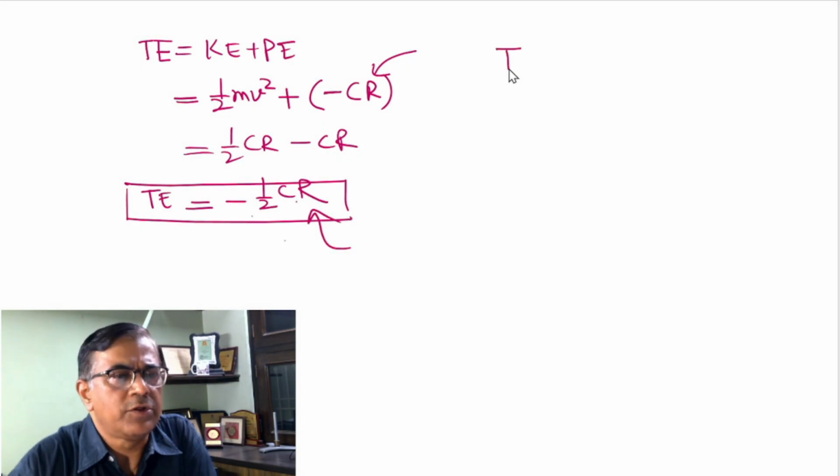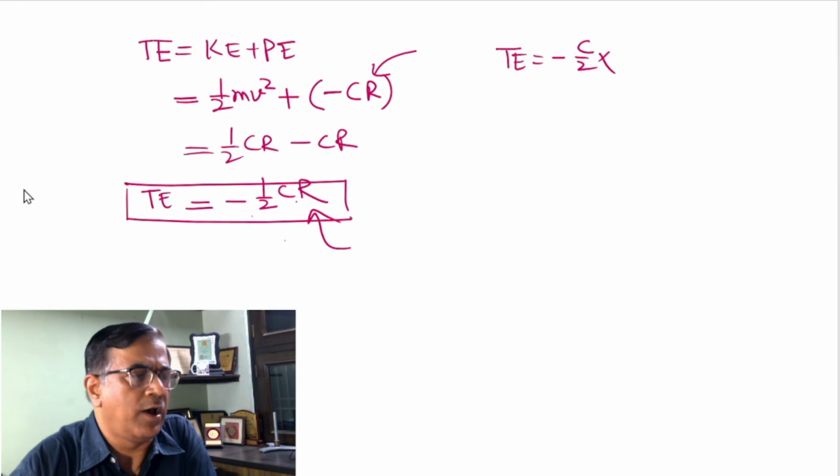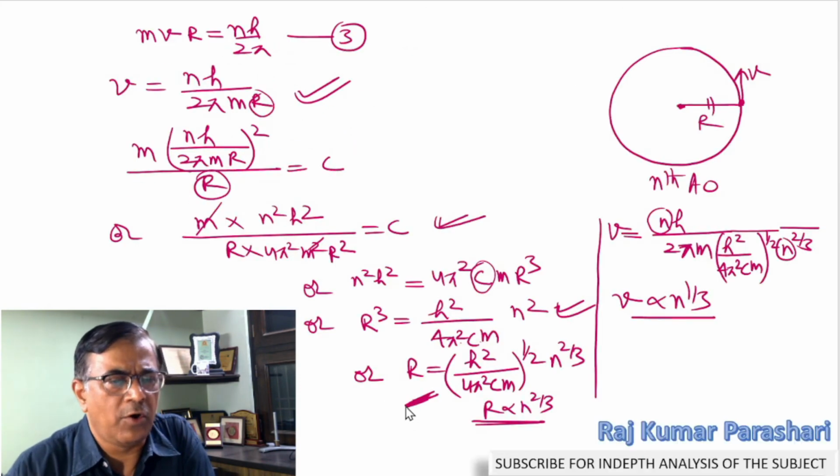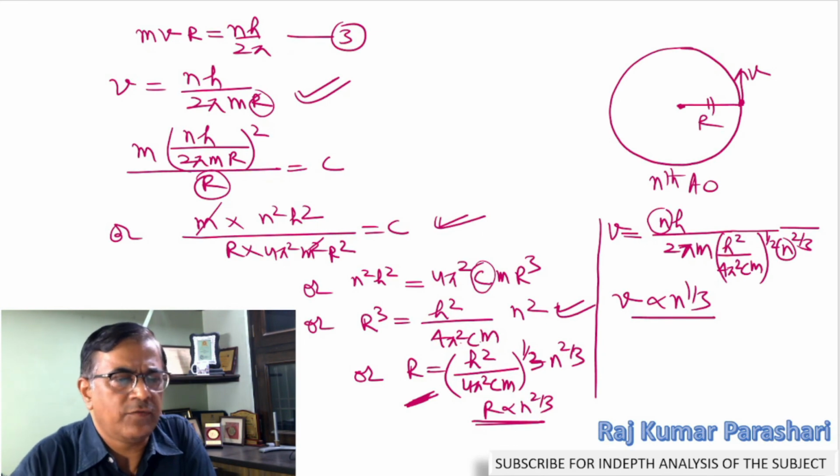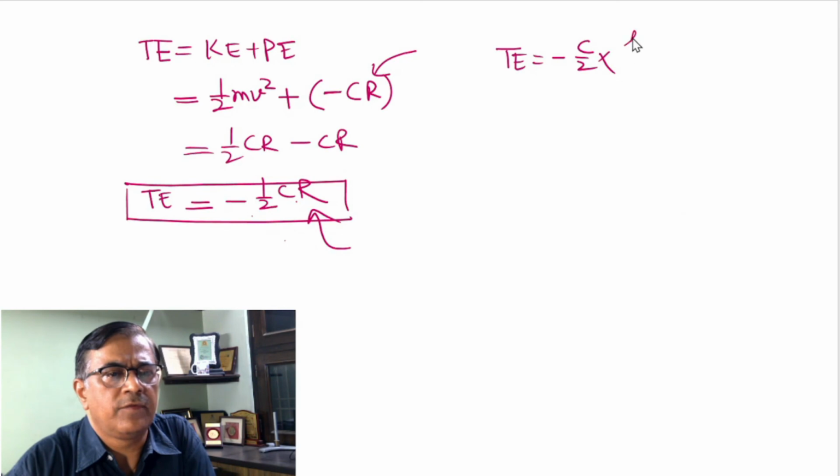So total energy equals minus c by 2 into R, and the value of R can be obtained from here. This is h square by 4 pi square c m raised to the power 1/3 and n raised to the power 2/3.